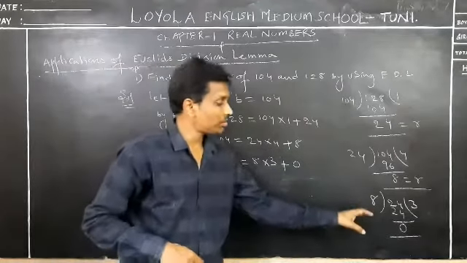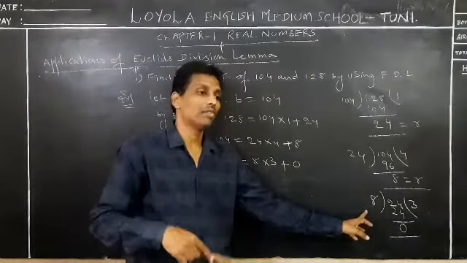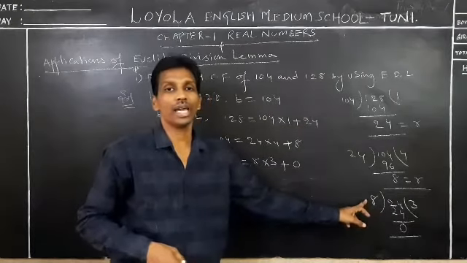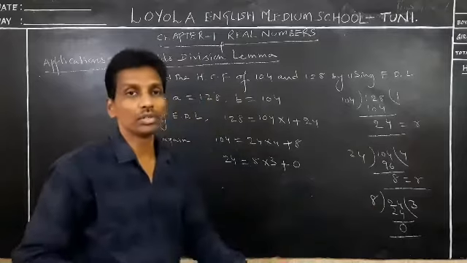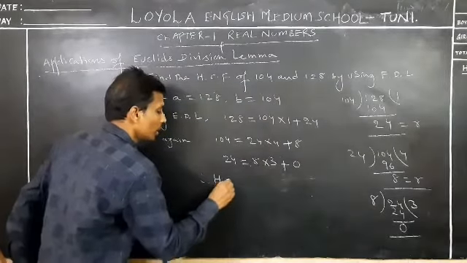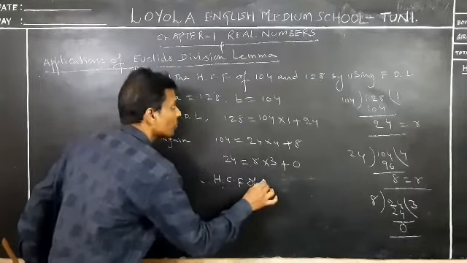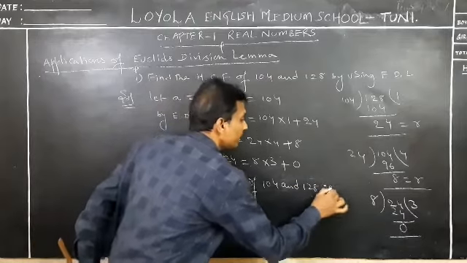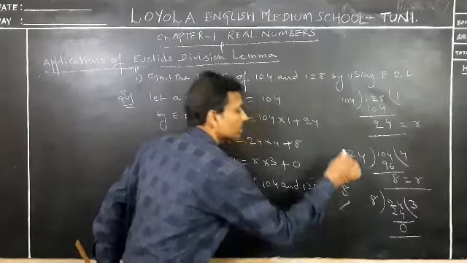That means wherever we get the remainder 0, that divisor is known as HCF of the two given numbers. So from this we came to know HCF of 104 and 128 is nothing but 8.